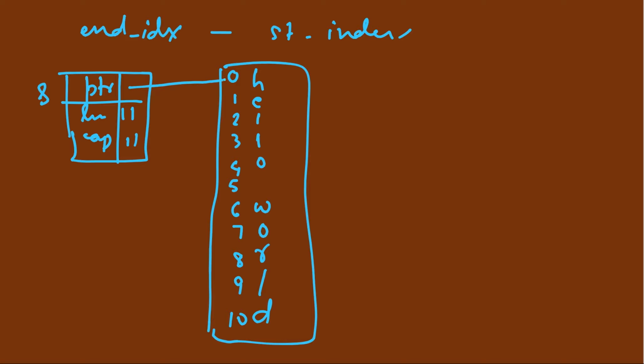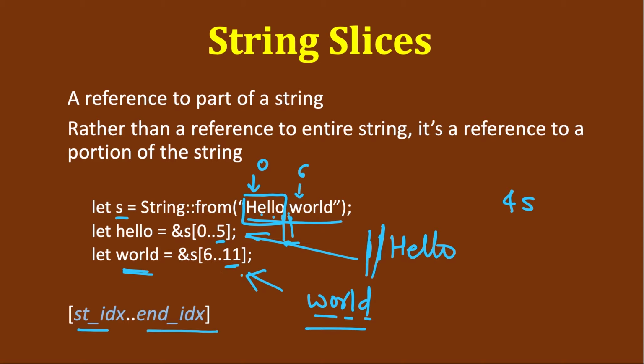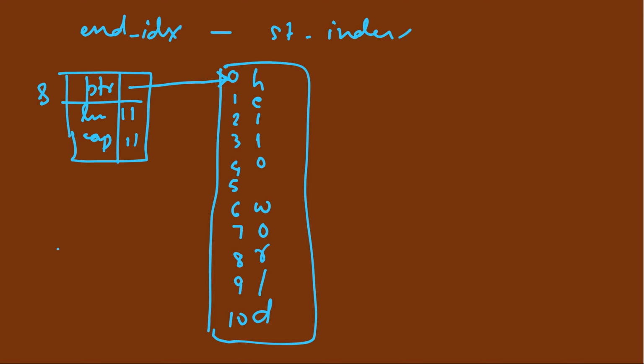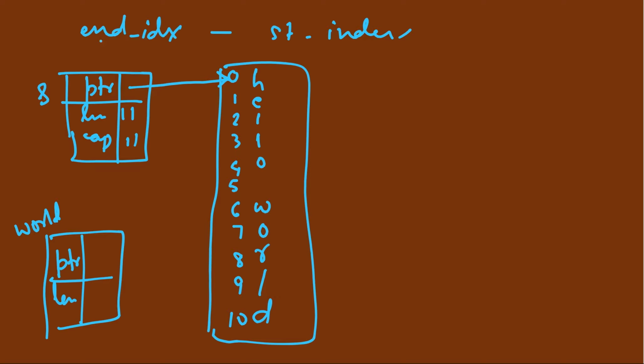And this pointer is pointing to this 0. And if we look at this second word, world, which is 6 to 11, internally it will be represented as holding a pointer and a length. So this is the world slice, and the pointer will be pointing to 6, the first index, which was also the start index. And the length will contain 5. So it will start from 6 and go till this. So it will contain world.